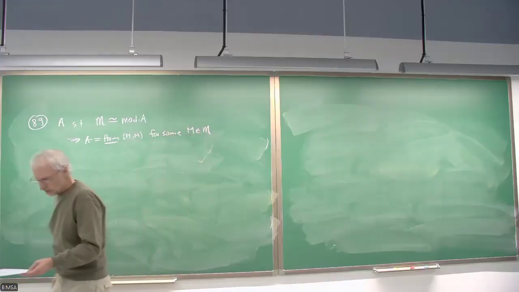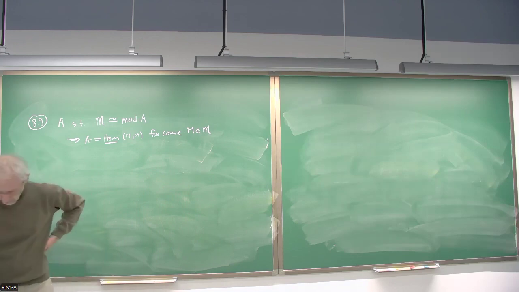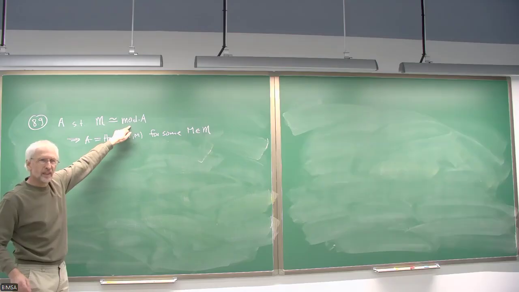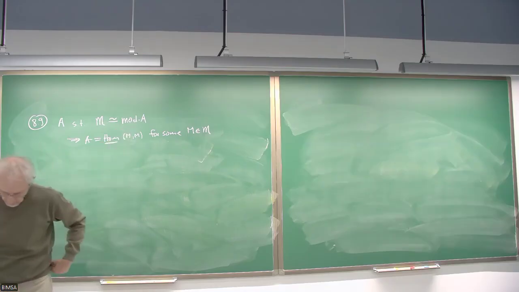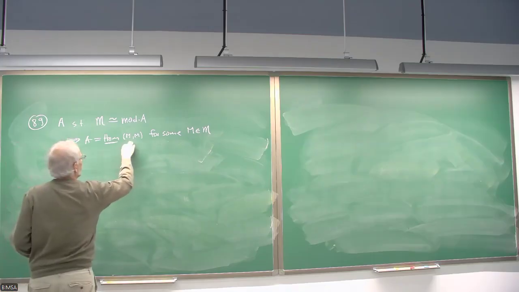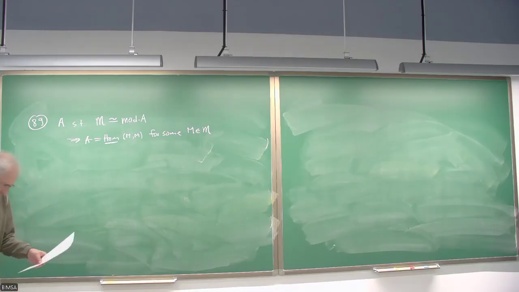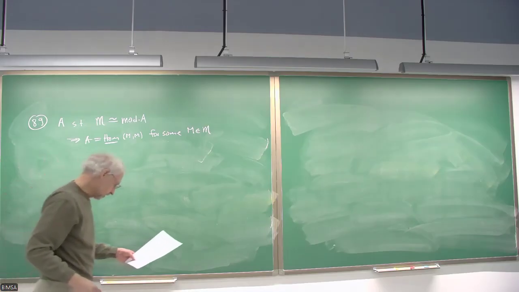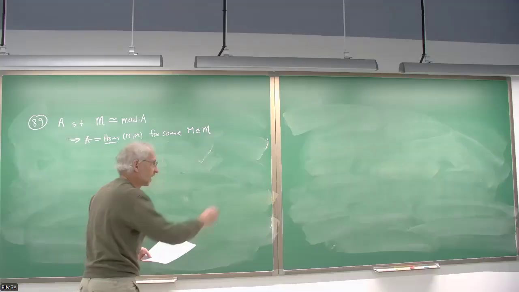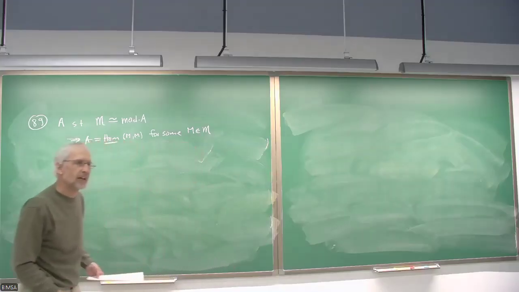And the way to see this is that, in particular, A is an object in mod-A, namely the tensor unit of it. And then you just take the internal Hom from A to A and show that, well, then the previous argument applies.